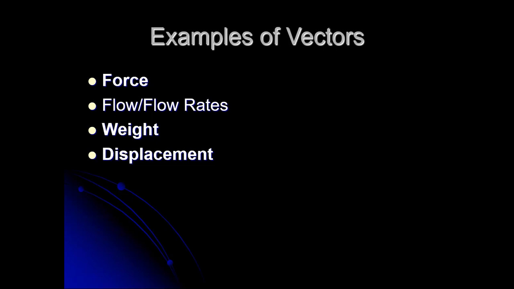Displacement is a sort of fancy way of saying a vector associated with distance. Distance is just how far it is from point A to point B. Displacement is telling you what direction do I go in to get from point A to point B, and how far do I go? So the size part of displacement we'd call distance.